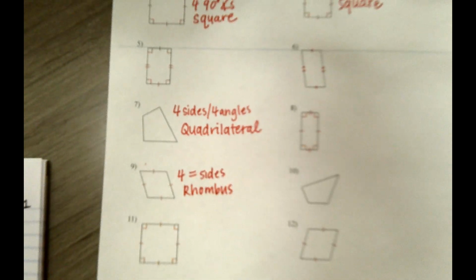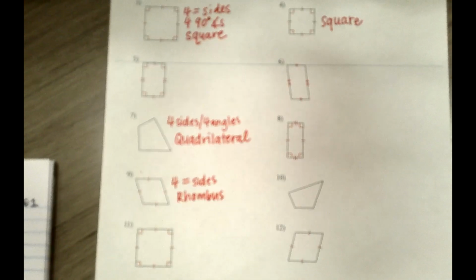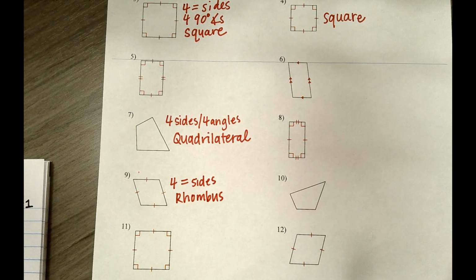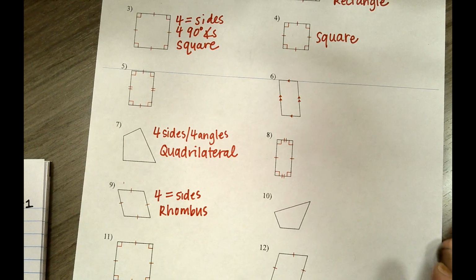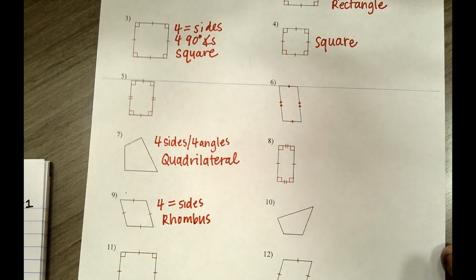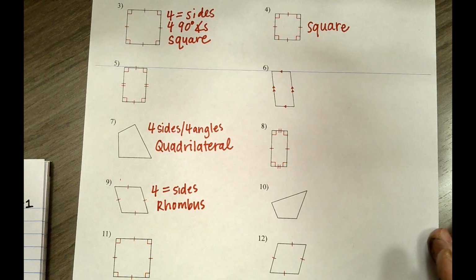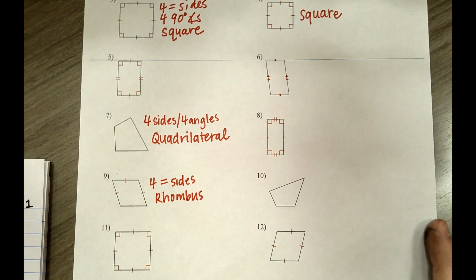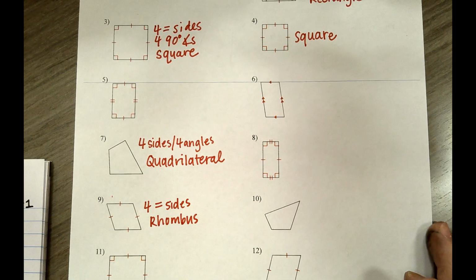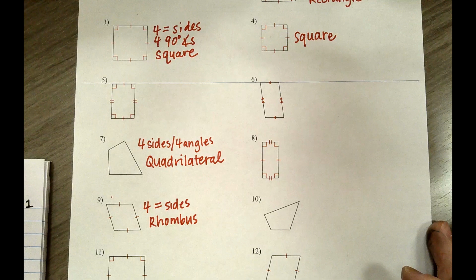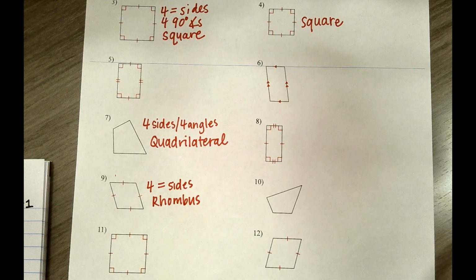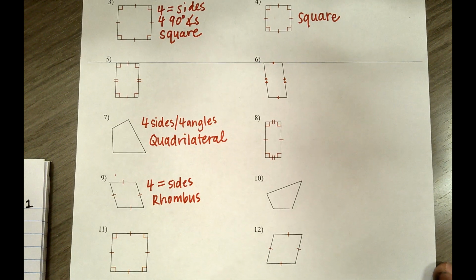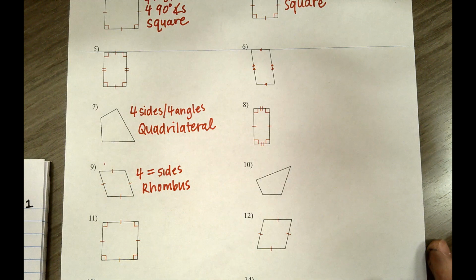Okay, so we just did 6 of these together. I gave you 20 problems. It shouldn't take too long to identify what each of these are. So what I would like for you to do now is name every single shape on this worksheet. Try to finish all of them.